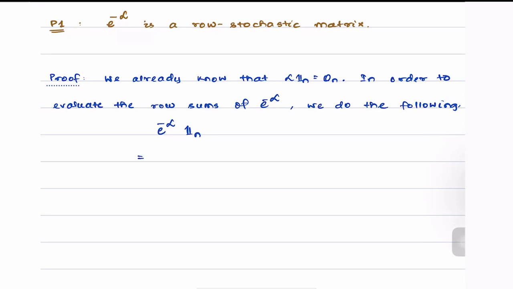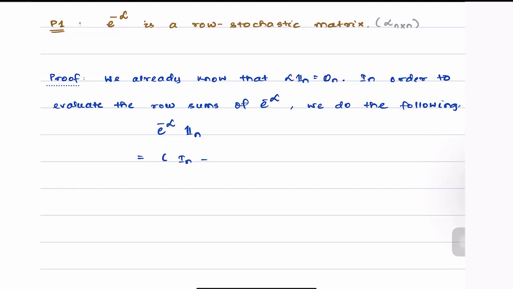And this is really straightforward now. Again, we can write a power series expansion of e raised to the power minus L as In. Why In? We know that the L matrix that we have here is actually n cross n because the underlying digraph has n number of nodes. Okay, so then I can write here In.